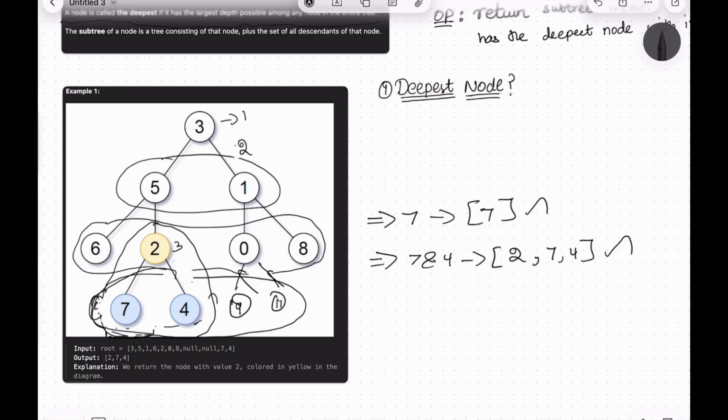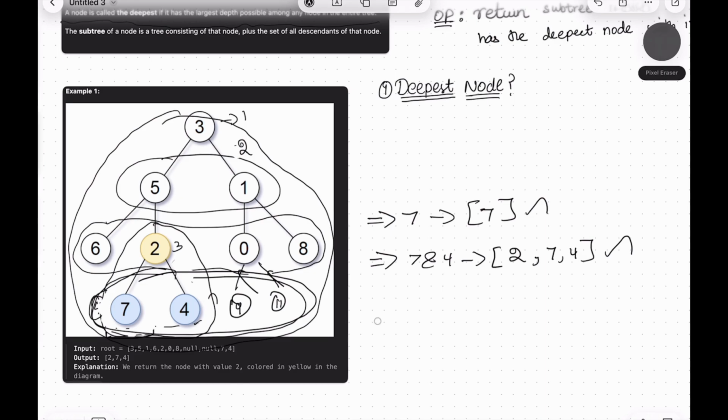So all these four nodes are the deepest nodes, and the whole tree becomes the subtree, because this whole tree holds all the four nodes. So there is no common root node below to hold all these four nodes, right? So in that case we will be returning the complete tree, which is 3, 5, 1, 6, 2, 0, 8, null, null, 7, 4, right?